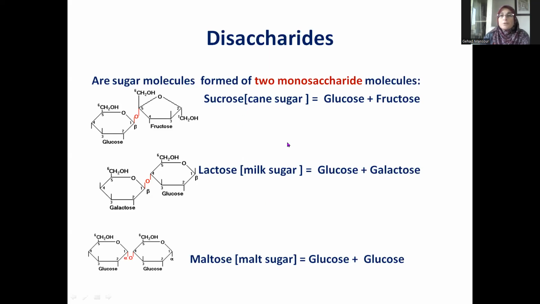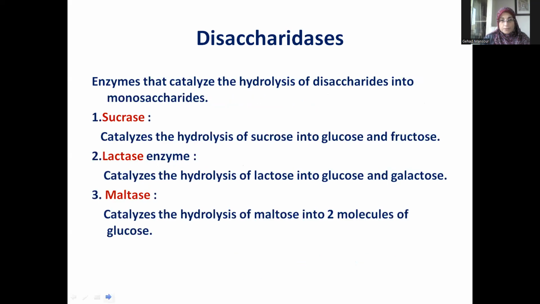So these slides you just have to read to be prepared for the comprehension passages. Sucrose is hydrolyzed into glucose and fructose. Lactose, which is milk sugar, is hydrolyzed into glucose and galactose, and maltose into glucose and glucose. The three enzymes, sucrase, lactase, and maltase: sucrase corresponds to sucrose, so it catalyzes the hydrolysis of sucrose into glucose and fructose.